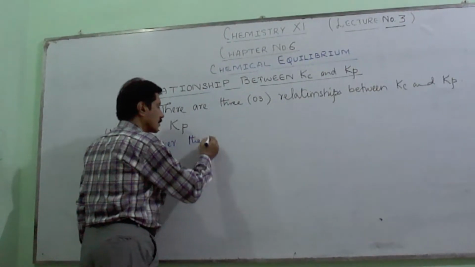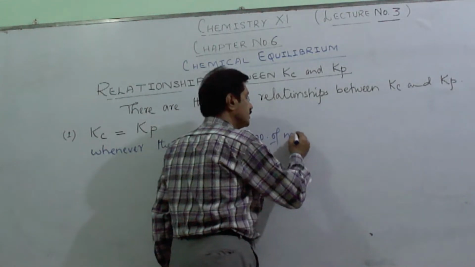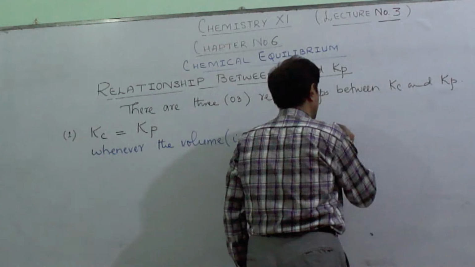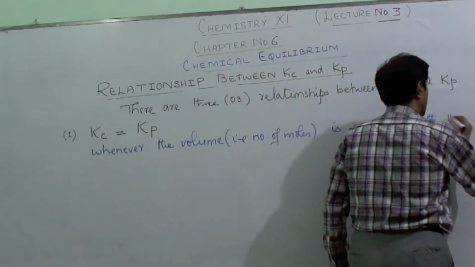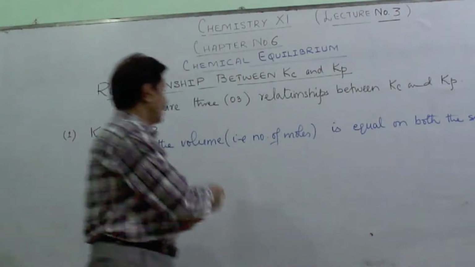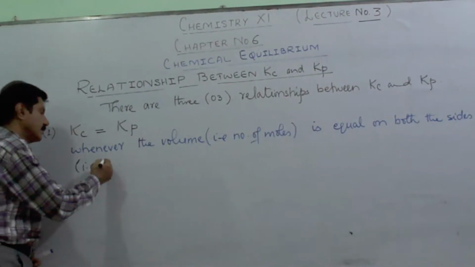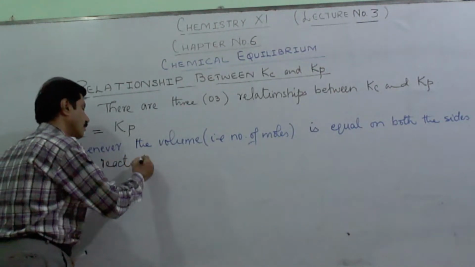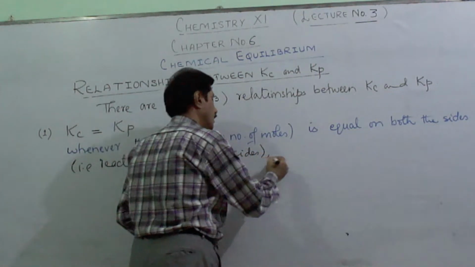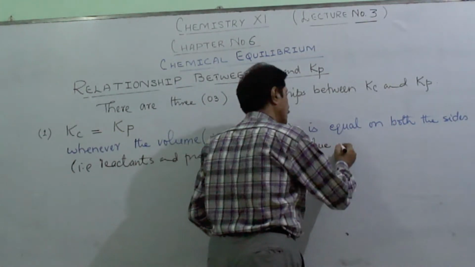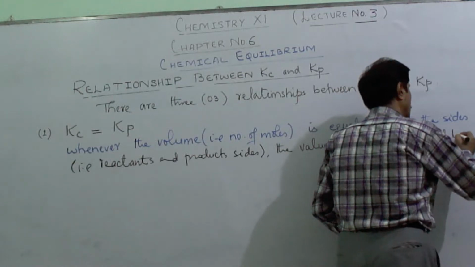Whenever the volume or number of moles is equal on both sides, meaning the reactant side and product side, the value of Kc must be equal to that of Kp.